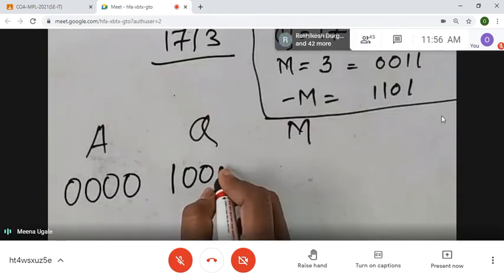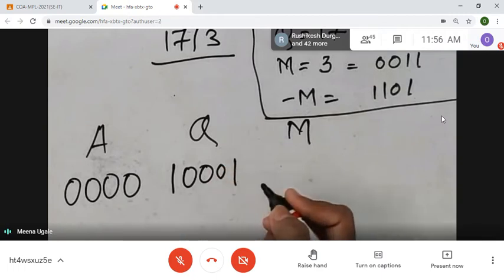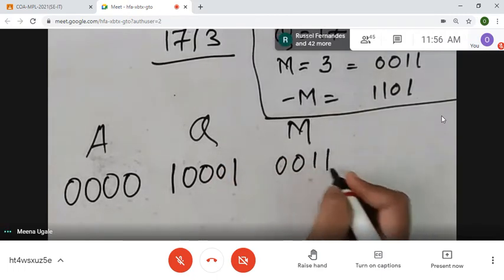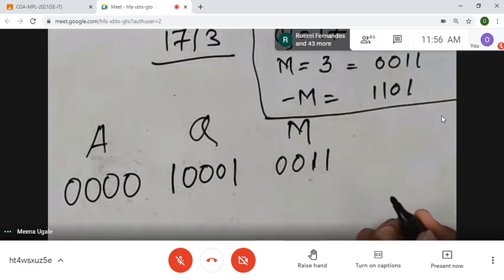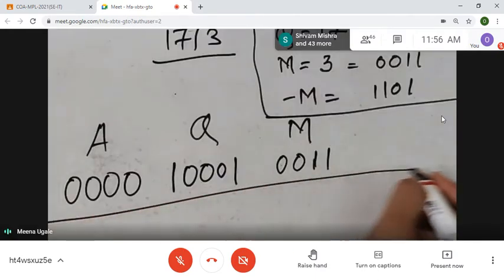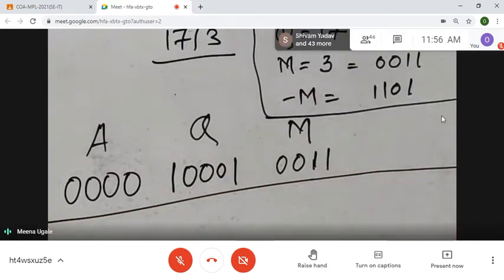Whatever operations you will be doing, that is A plus M or A minus M, right? So there is no need to go for A as 5-bit. If your M value is 5-bit, and you are going for A plus M or A minus M, at that time you need A as 5-bit.